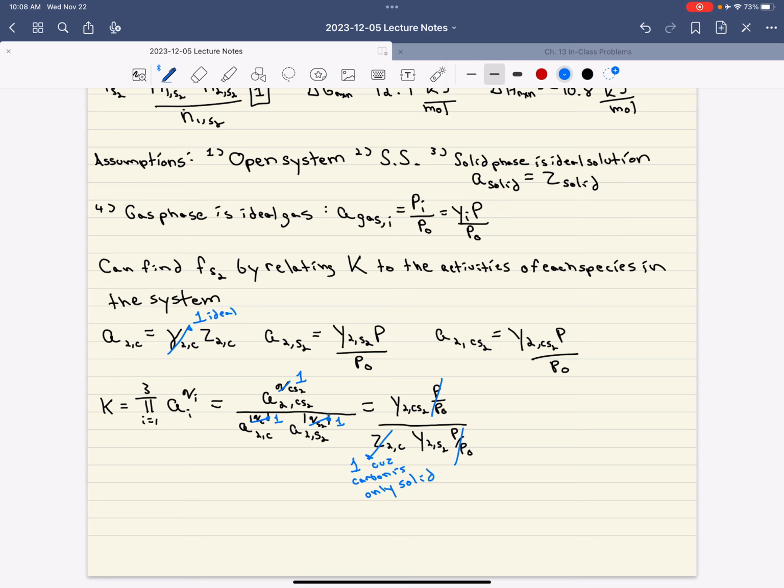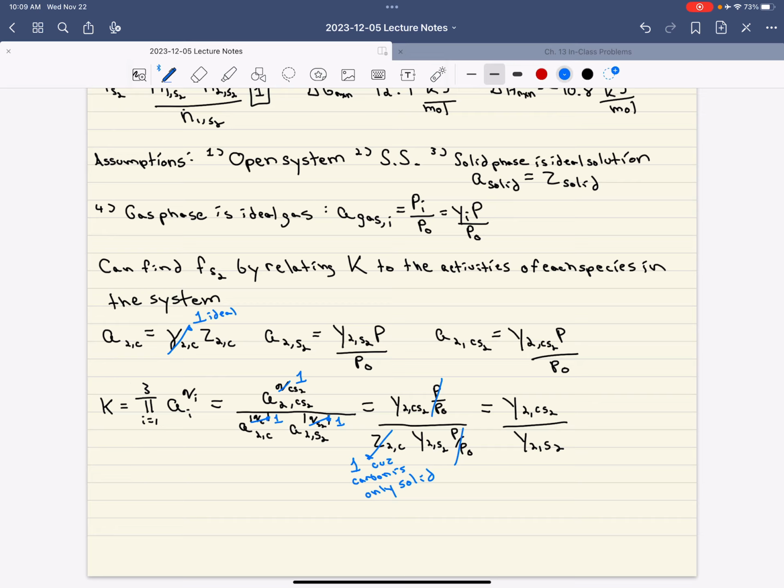All right. So because the carbon mole fraction is 1, basically its influence on the equilibrium constant goes away. And really all we're left with is just the mole fraction of the CS2 divided by the mole fraction of the sulfur. Right? Those are the only terms that affect the equilibrium constant.